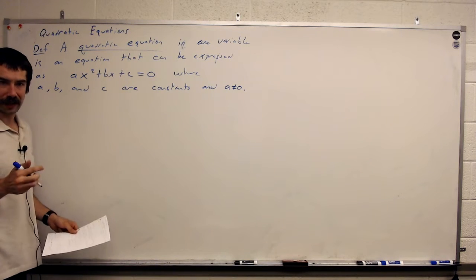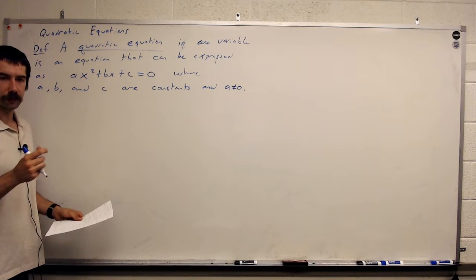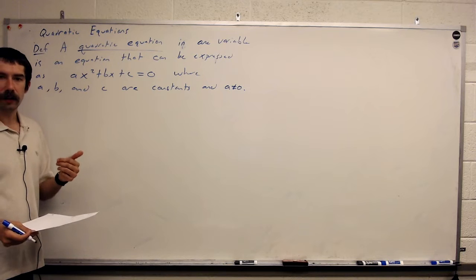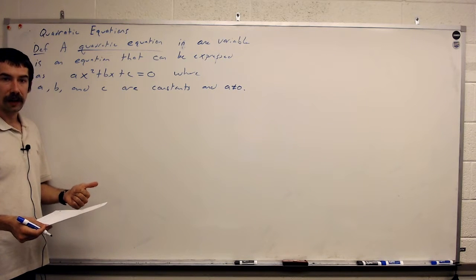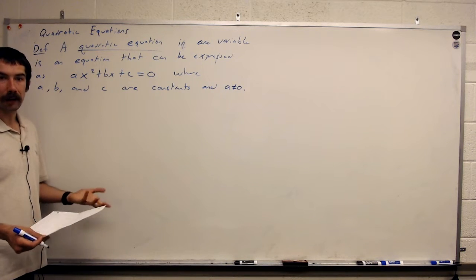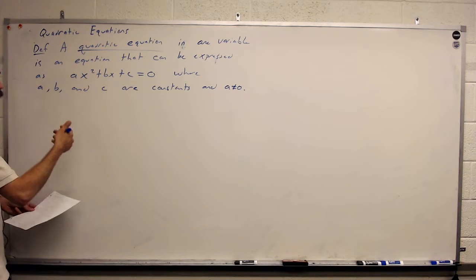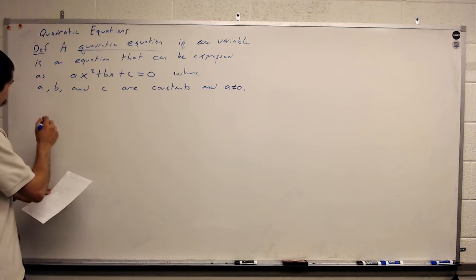Okay, and today we're going to discuss two methods for solving quadratic equations. One is called factoring, and the other one is called the quadratic formula. But before we get to either of those, let me state a theorem.